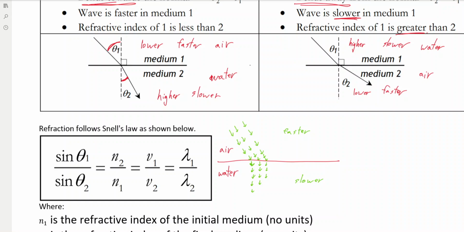Okay, the reverse is also true. Let's try to continue this, but go in the opposite direction. So if we have it coming up this way, 1, 2, 3, 1, 2, 3.